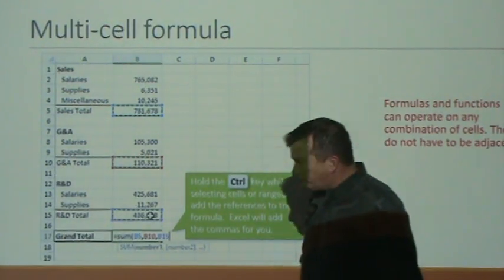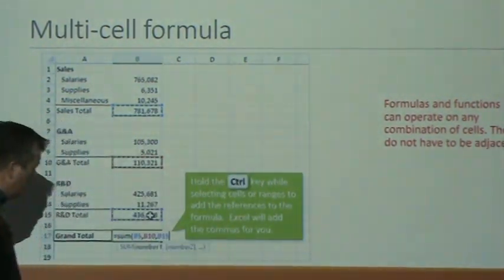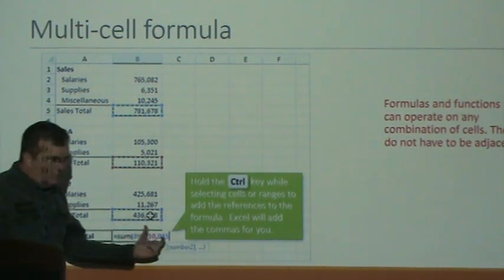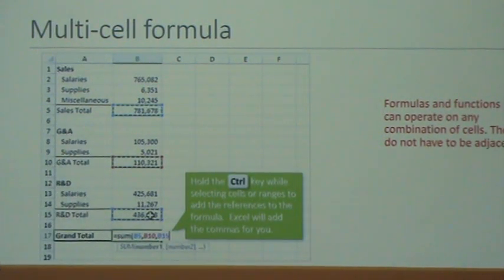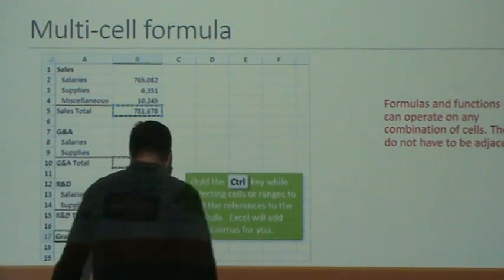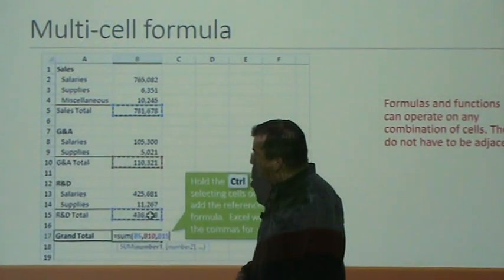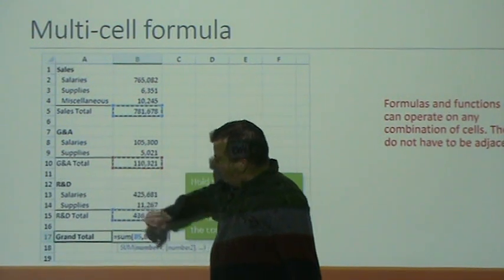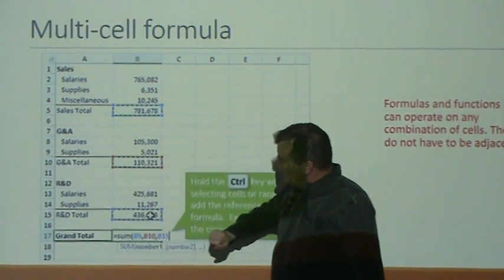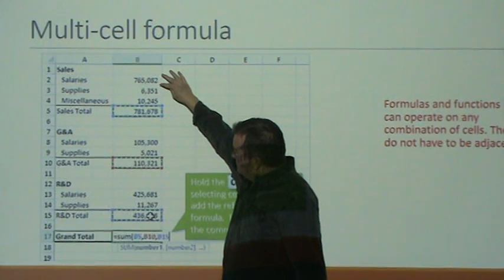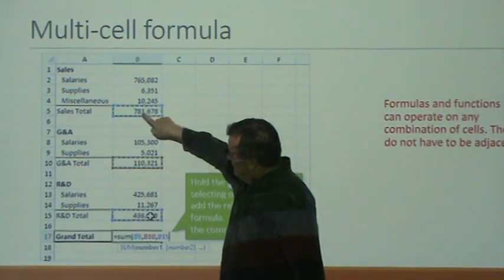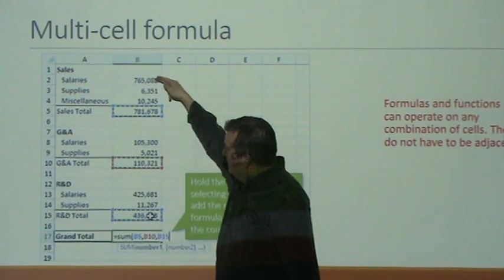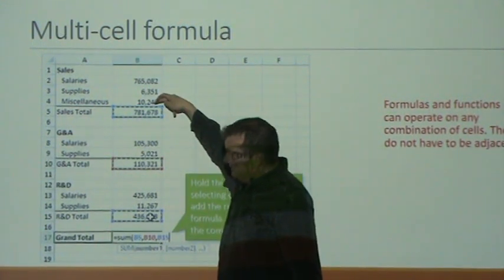Okay. So if we wanted to, we could create a formula, and this is really something that we went over in chapter 2, but we could create a formula where we say, okay, so we have sales, G&A, and R&D. Now, our sales are the total of these three numbers. So this box would have a formula in it that says sum of this collection of boxes.